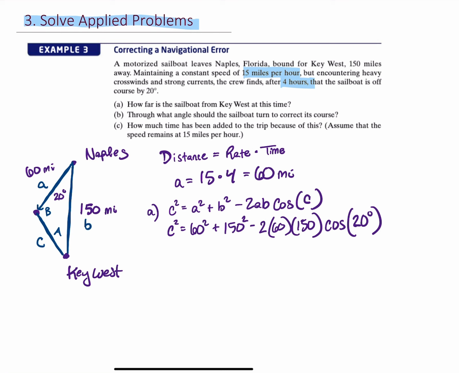So don't have to rearrange everything, just need to plug everything in and then take the square root of both sides. So 60 squared plus 150 squared minus 2 times 60 times 150 times the cosine of 20.